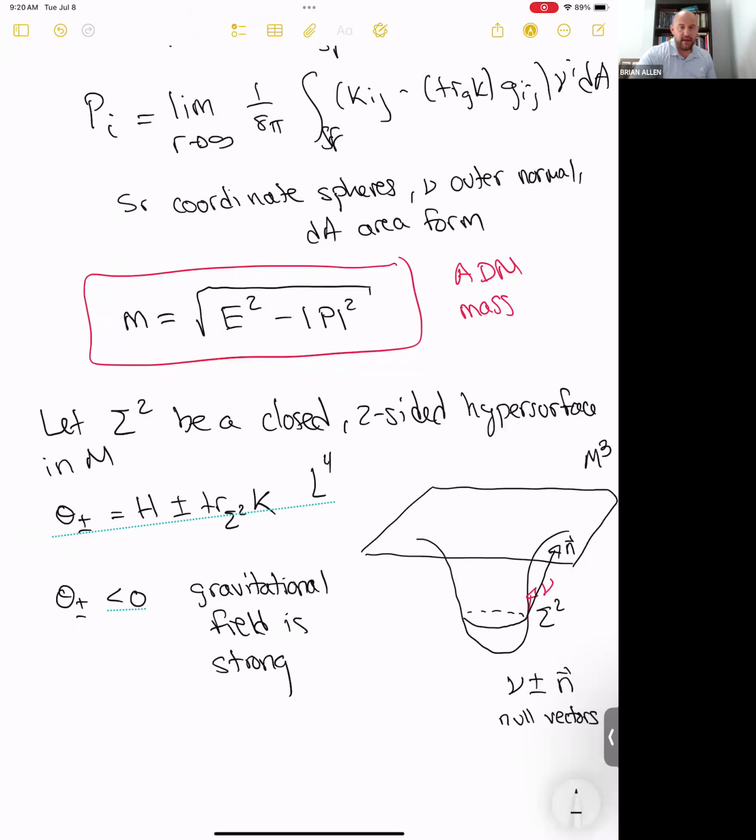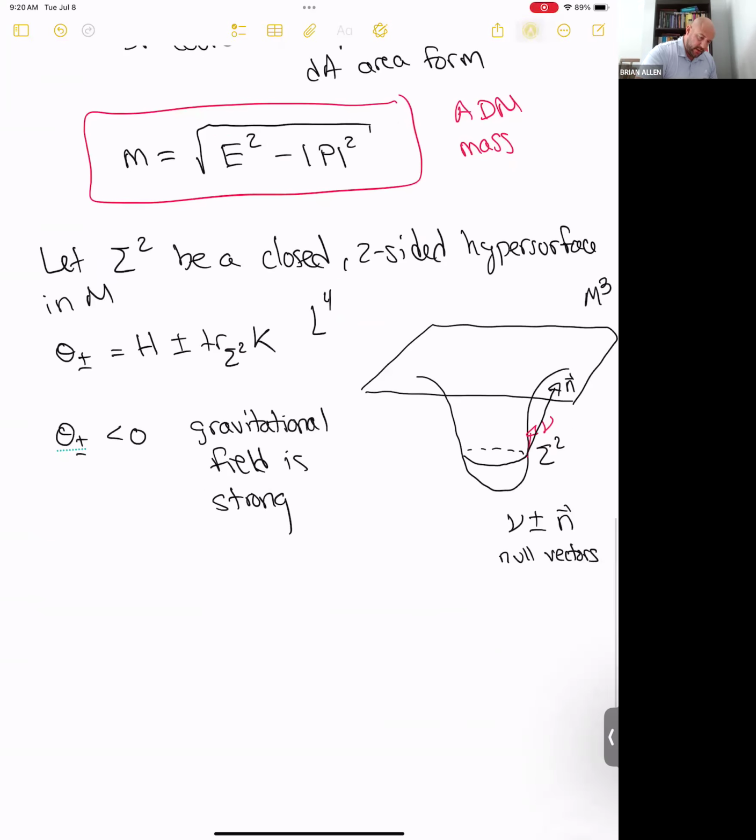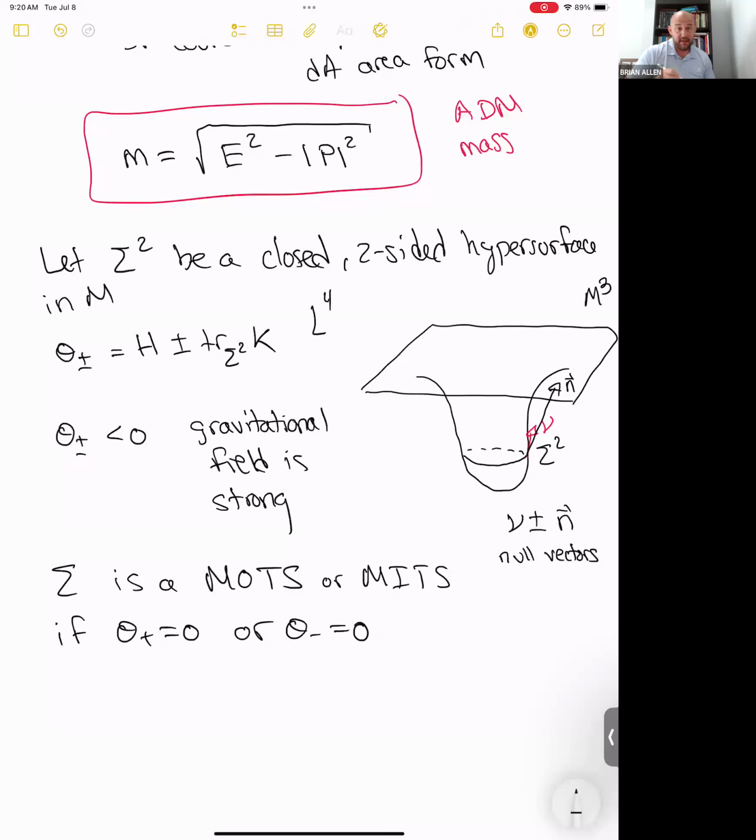And we want to figure out where that dividing line is. So we define what's called the marginal outer trapped surfaces. So sigma is a MOTS, which stands for marginally outer trapped surface, or MITS, which is a marginally inner trapped surface, if theta plus is equal to 0 or theta minus is equal to 0.